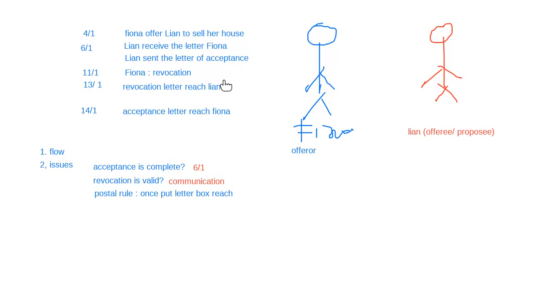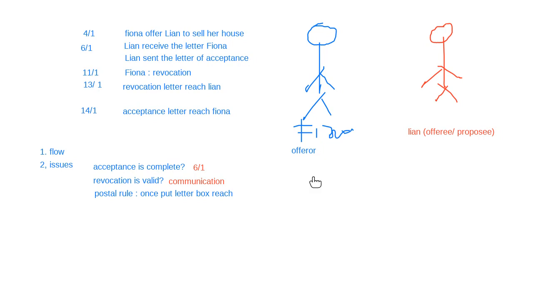In this case, let's say I would like to advise Lian as per written in the question. Lian is the offeree. Okay, so if you advise Lian, Lian can win if he sues the offeror. Why? Because he can prove that he already sent the letter before the revocation was carried out, even though the acceptance letter only reached Fiona on 14th of January.